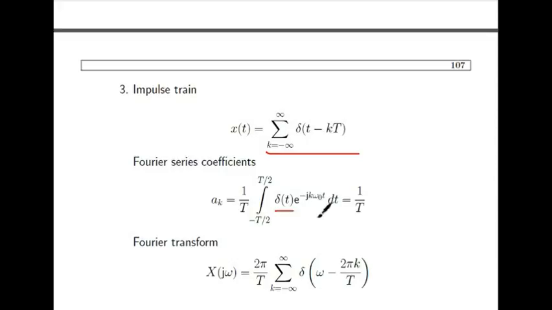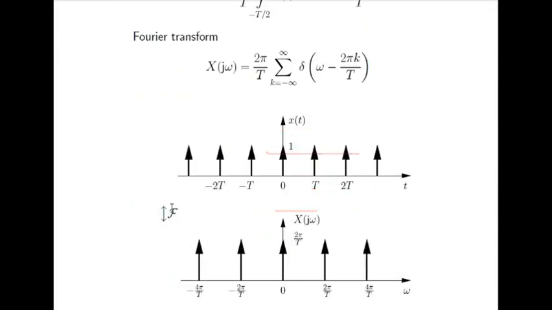This is valid for t equals 0, so I get a_k equals 1 upon T. Putting a_k equals 1 upon T and taking out 2 pi by T, X(j omega) will be this function, and its plot will be just an impulse train, but the value of each impulse will be different in the Fourier transform.